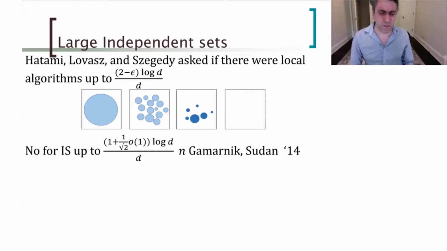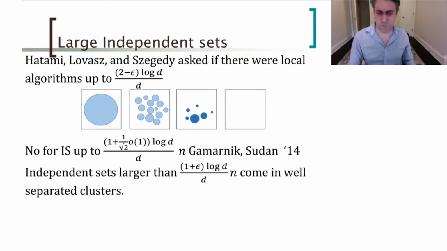The reason for this is related to the geometry of the space of large independent sets. When you're looking at independent sets that have density above log d over d, they come in clusters that are well separated from each other. This is a barrier to local algorithms finding big independent sets.